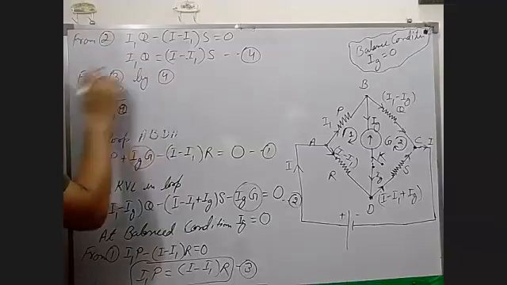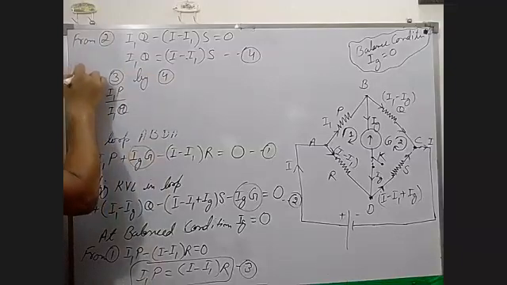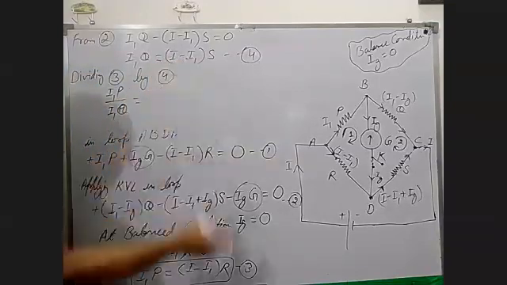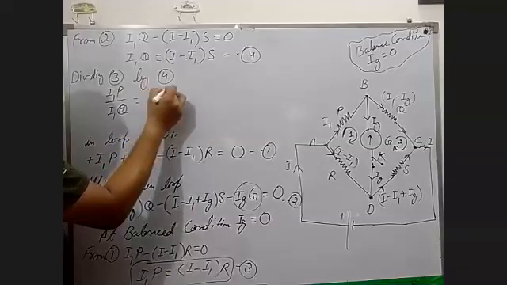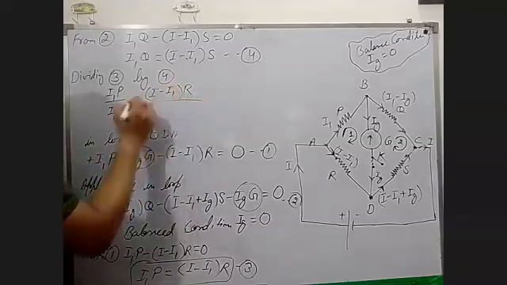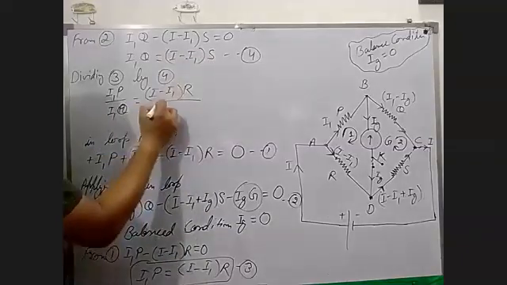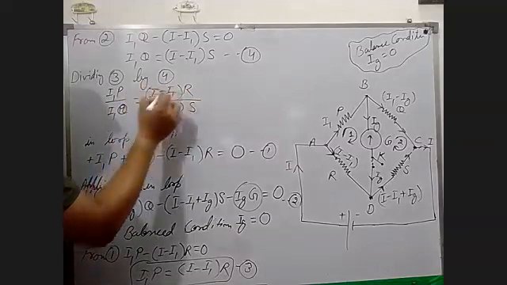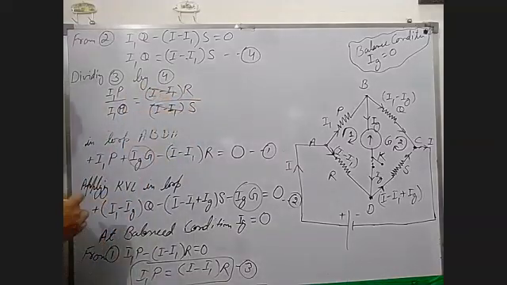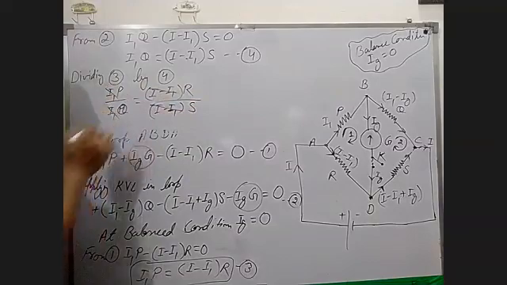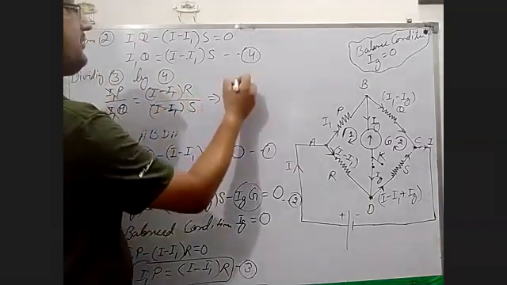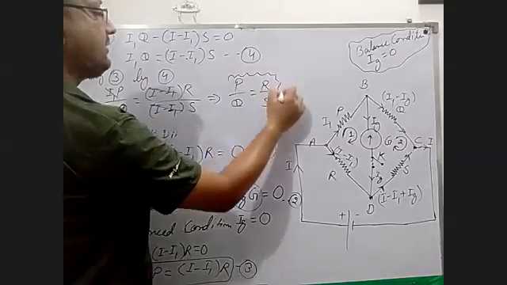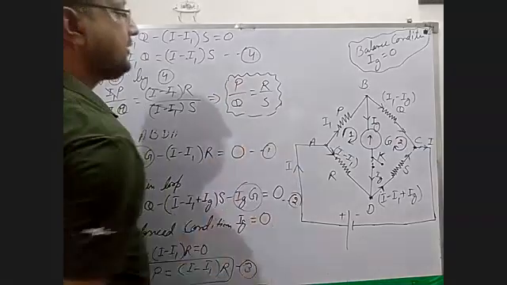You can write here, dividing 3 by 4 is equal to I minus I1 into capital R upon I minus I1 into S. I minus I1 cancels with I minus I1, this I1 cancels, and the remaining part is now in front of you. This is P upon Q is equal to R upon S.